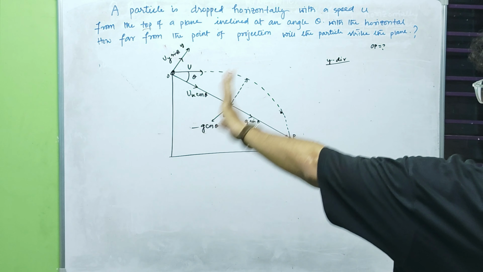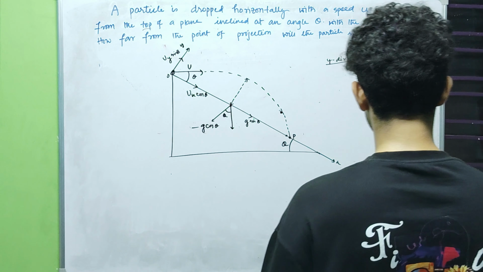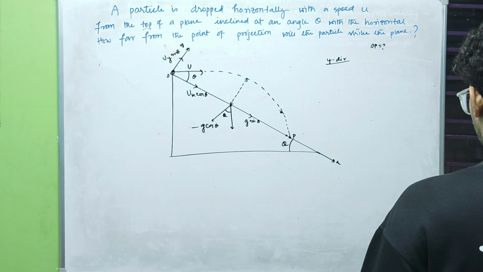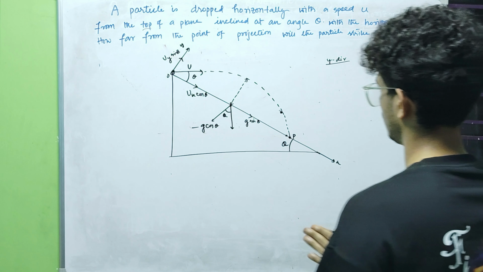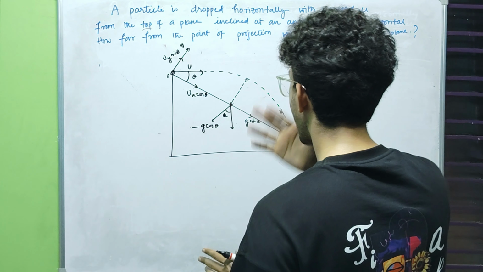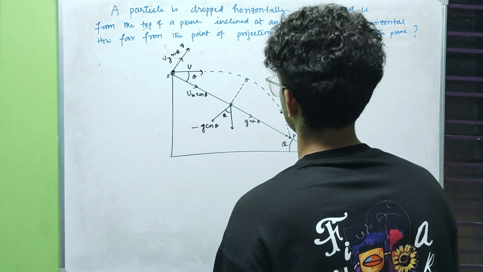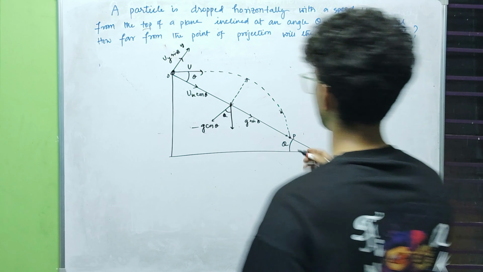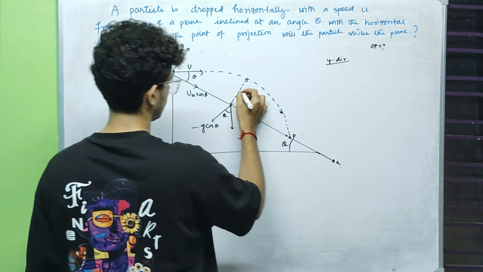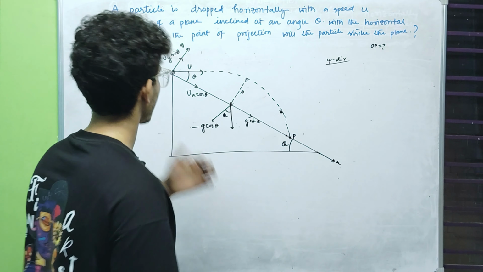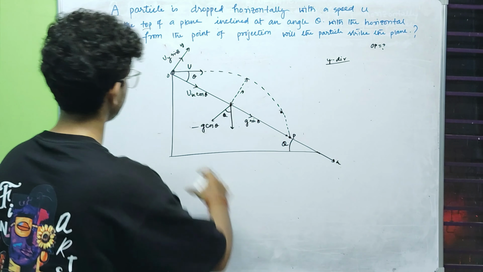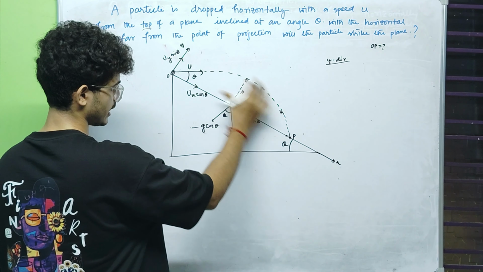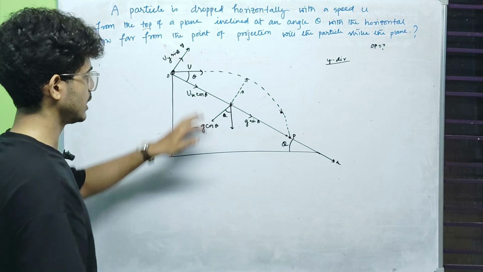Here u is 0. Y direction motion. U is u sin theta. Let us solve it with displacement. So if you take the whole motion, what is the initial and final displacement of the motion?